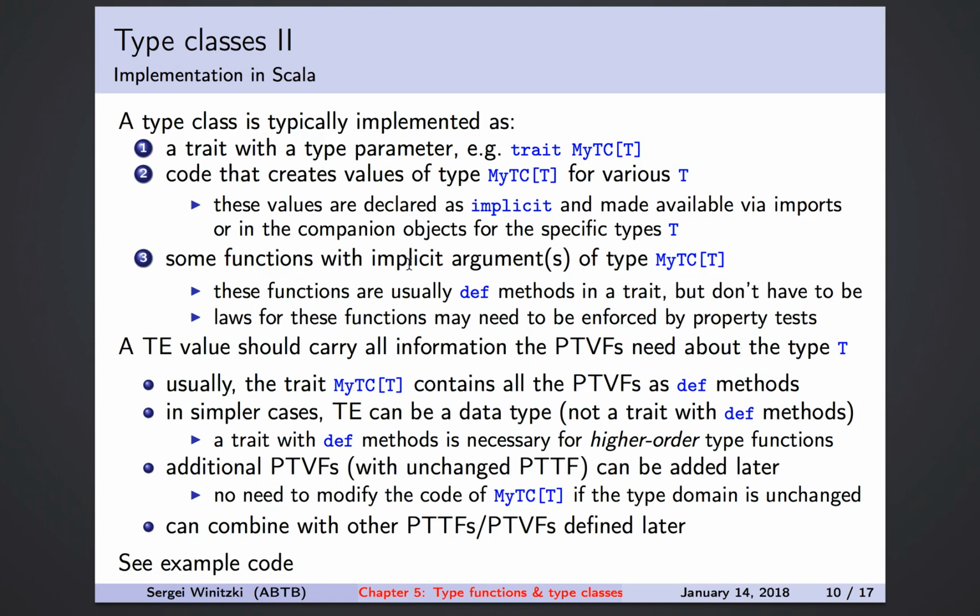Then you also write some functions that have implicit arguments of this type. Usually these methods are def methods. These functions are def methods in this trait. They don't have to be, but often they are, because that's sometimes necessary and often convenient. So as a rule, a type evidence value should carry all the information they need about the type T. We'll see why. Let's look at examples.